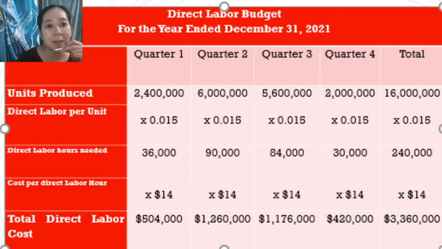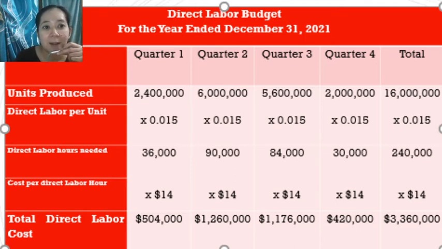And then we will multiply by the direct labor per unit. This is for the first requirement. We have one type of labor in this solution for requirement number one. Here it requires 0.015 labor hour per unit. So we just multiply it with the number of units to get the direct labor hours needed for each quarter.